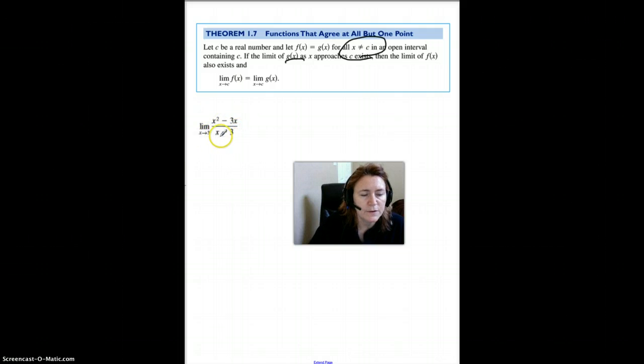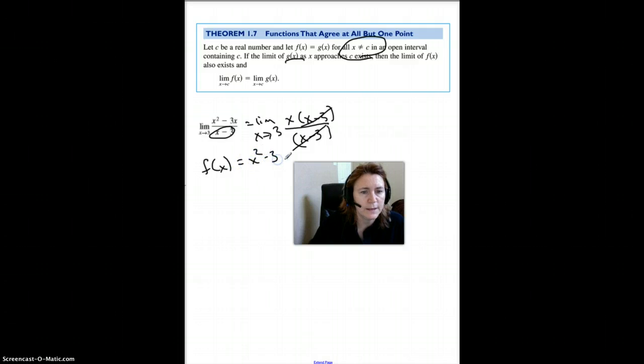The limit as x goes to 3 blows this up. So I'm going to cheat a little bit. I'm going to say this is a limit as x goes to 3, and I'm going to factor this out right here. And this is cheating, that's what I call a cheat. So if I let f of x equal x squared minus 3x divided by x minus 3, and g of x equal x, these are the same function except at x equals 3.